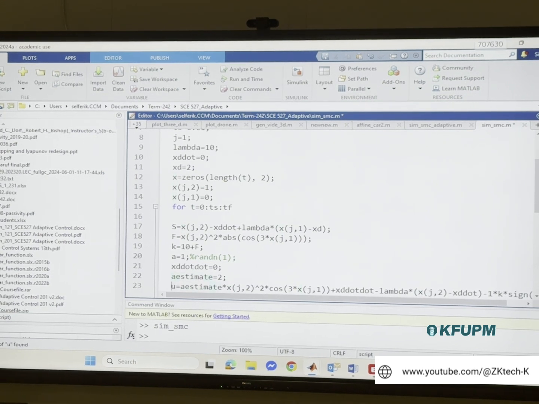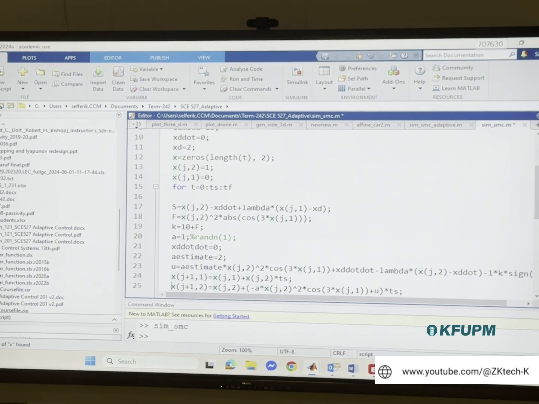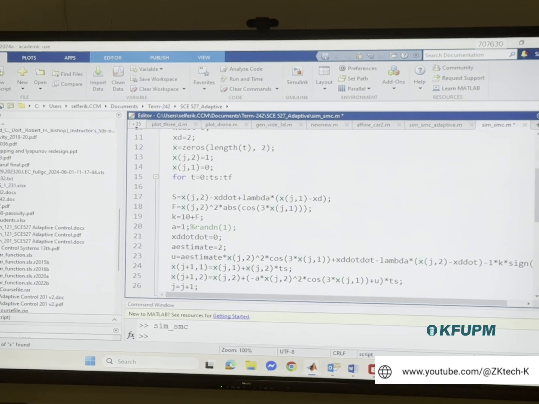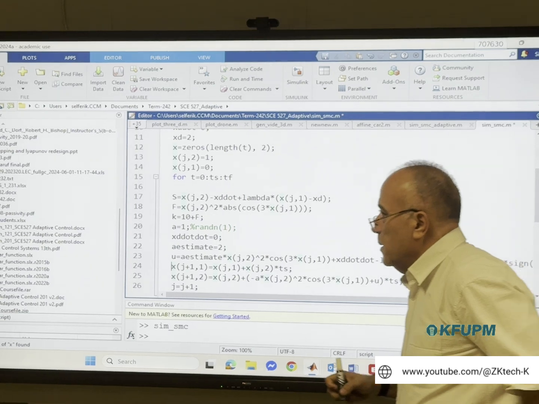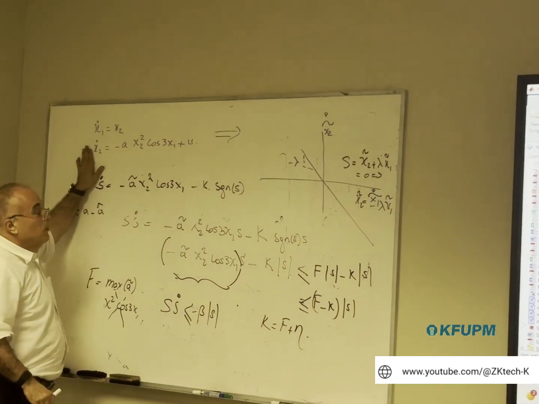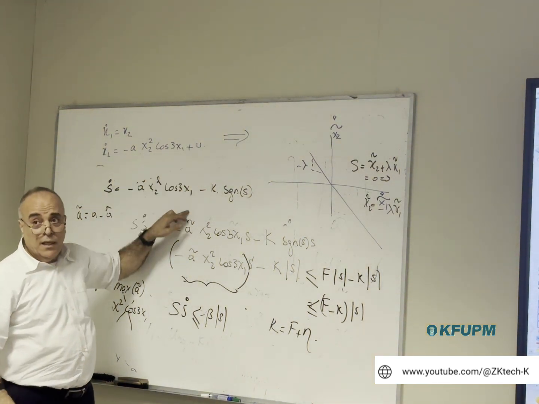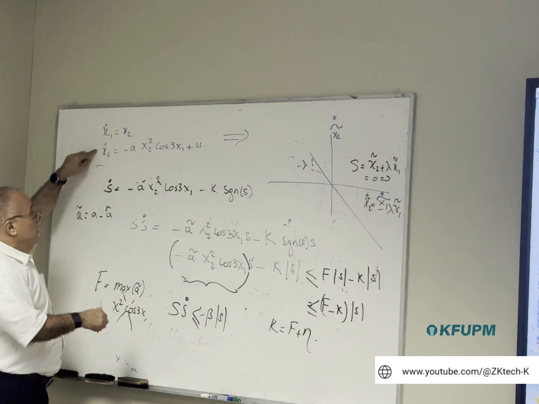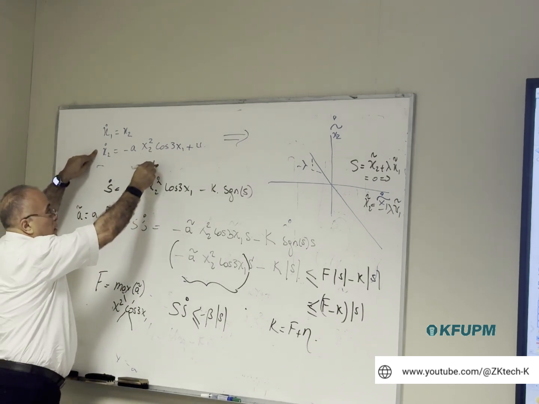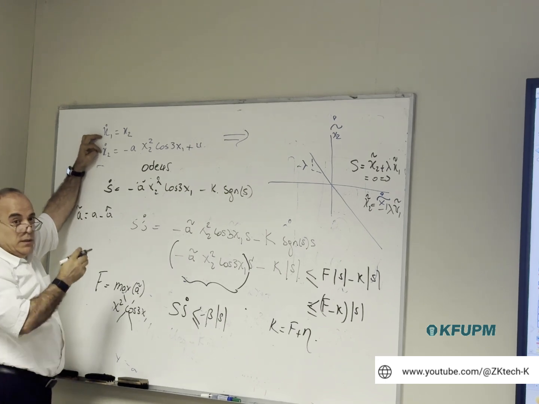So I compute u based on the law that we found there. And then after that I just come back to my state space. This is a good point that I need to show you here. I have x1 prime is equal to x2 and x2 prime is equal to minus this equation, where I replaced u by its value. In MATLAB there is a function ODE45. It can help you integrate the system, or ODE23, or whatever.